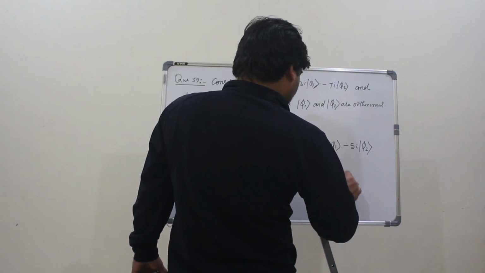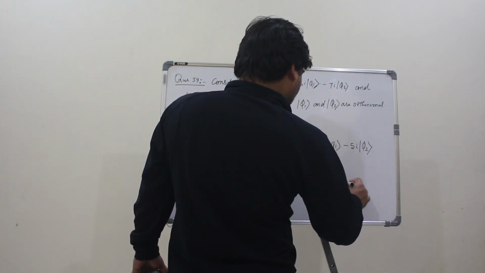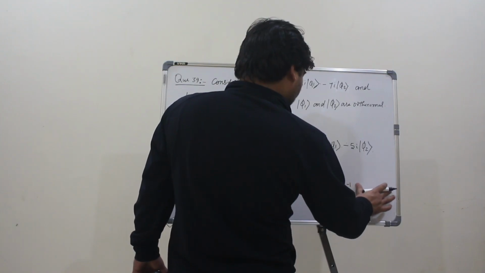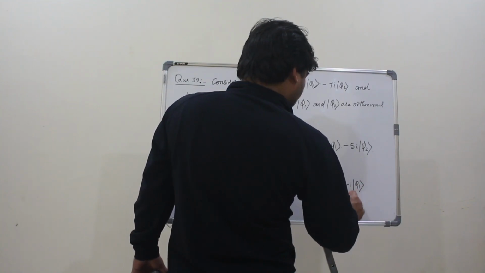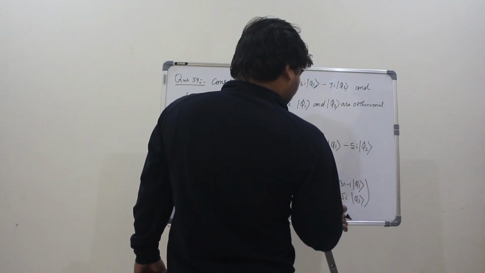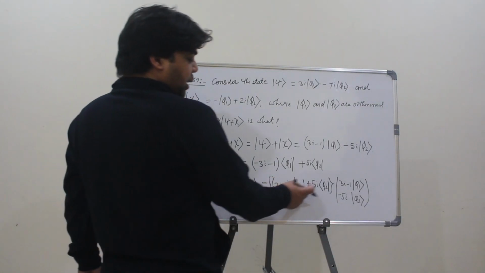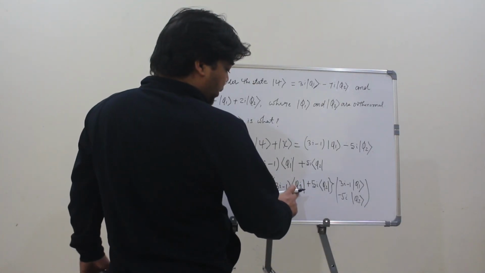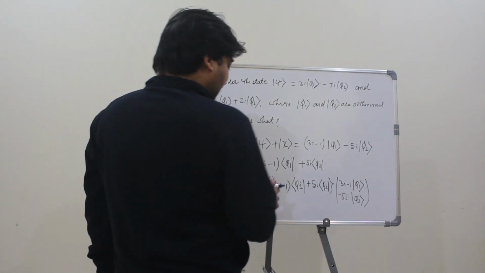Complete, multiplied by 3i minus 1 phi 1 and minus 5 phi 2, right? Now you just take the multiplication. Remember that phi 1 and phi 2 are orthonormal. So phi 1 with phi 1 and phi 2 with phi 2 will survive, the cross terms will be 0 if they are orthonormal.